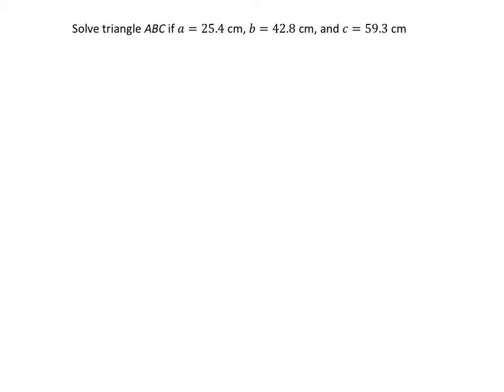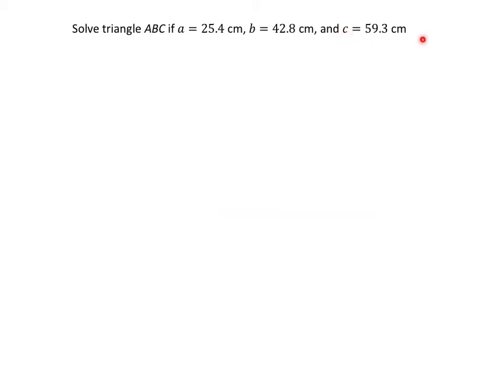When you take the inverse sine of a particular ratio, it will not give you an obtuse angle. It will only give you acute angles, whereas the law of cosines will give you an obtuse angle. So you're going to find the largest angle first. It may or may not be obtuse, but once you have done that, you find the two smaller angles.